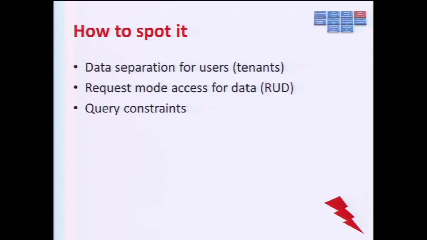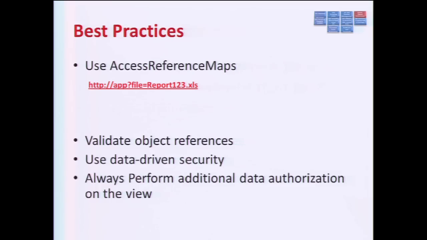Do you have any kind of request-mode data access controllers in place, looking at who should read its own data, who should read data in general? If you don't have them, you probably have found a place to look for security flaws. What about additional query constraints? If they are not there, also a good place to have a look at and probably add some more.